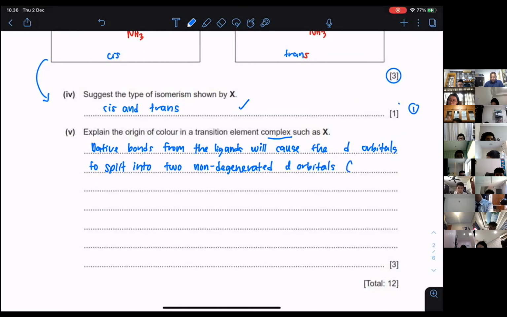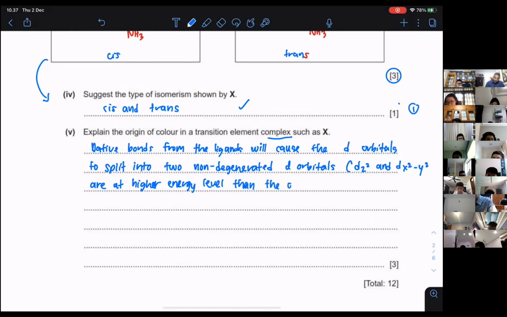This is an octahedral, so dz square and dx square minus y square are at a higher energy level than the other three orbitals. And what will happen?